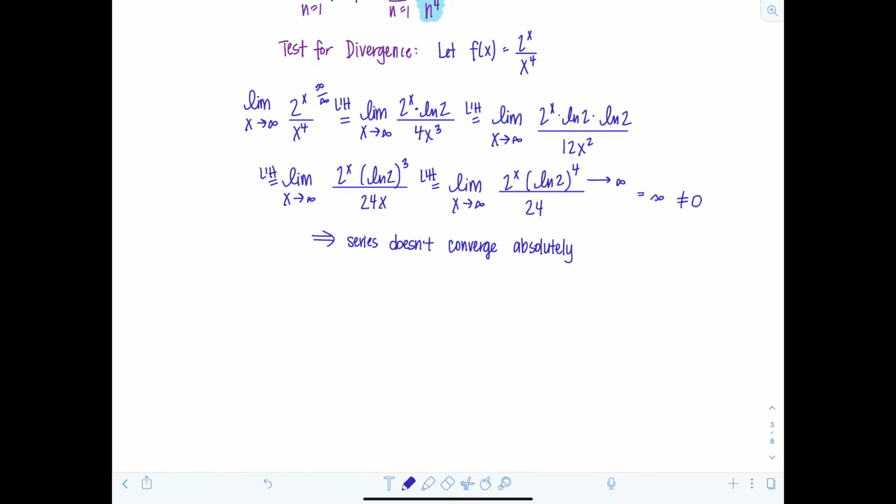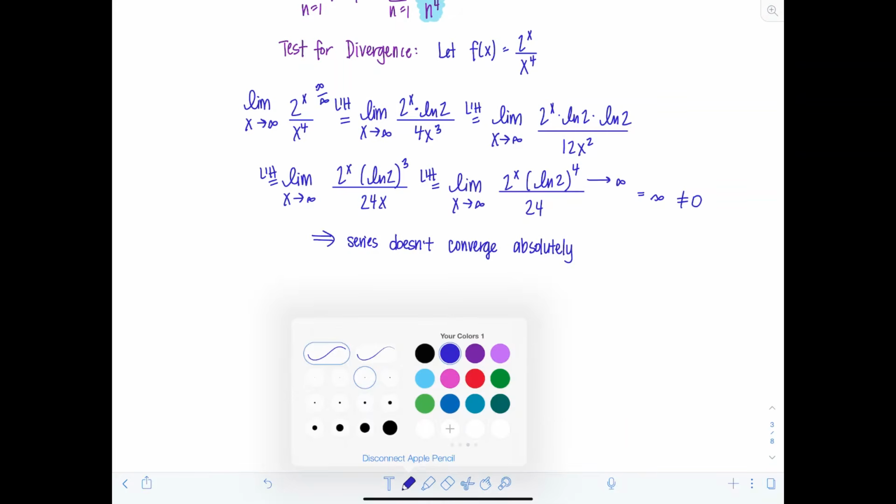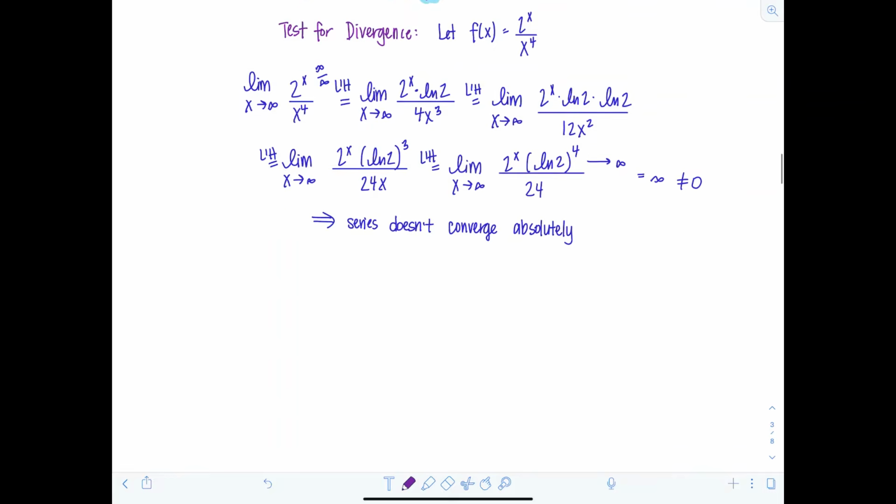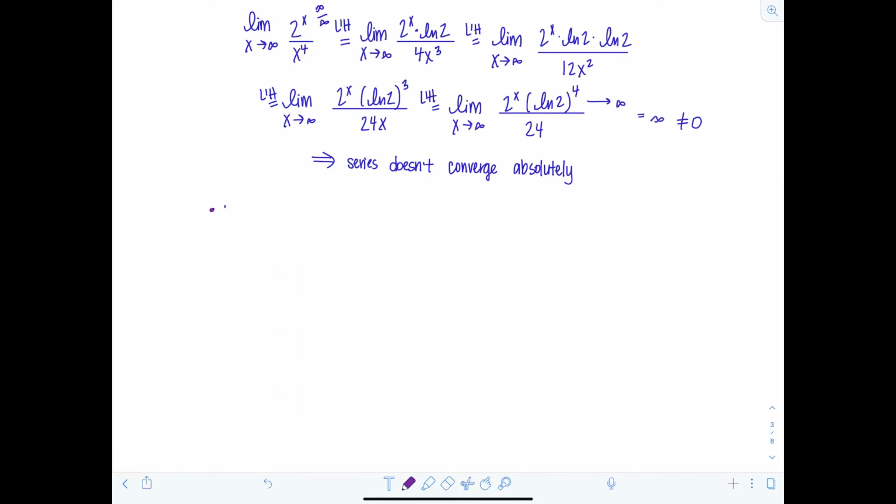Well, that means it does not pass the test for absolute convergence. Shall we test for conditional convergence? Well, when you test for conditional convergence, you apply the AST, right?